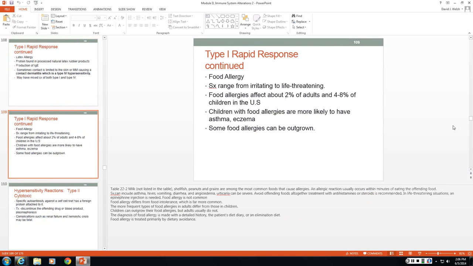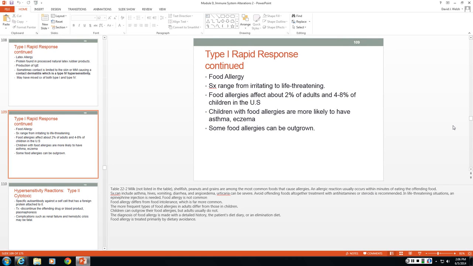Now let's talk about food allergies. Milk is not listed on table 22.2 in your text. Shellfish, peanuts, grain are among the most common food allergies. An allergic reaction usually occurs within minutes of eating the offending food.